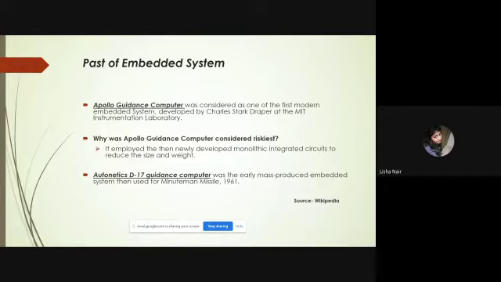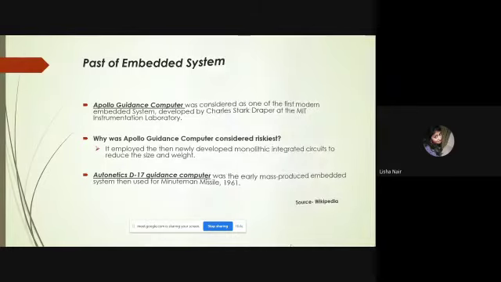They used to give targets through that system, and the system used to point out the targets, showing waypoints, which they call a target point. So they gave the points of where the targets are, and the missiles were shot at those targets. This guidance was given by the Autonetics D17 guidance computer.